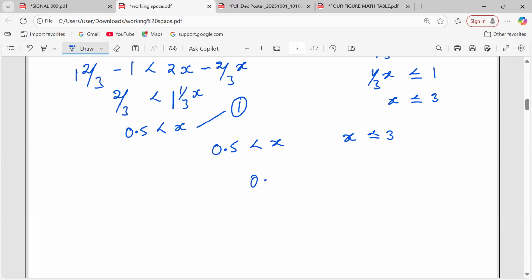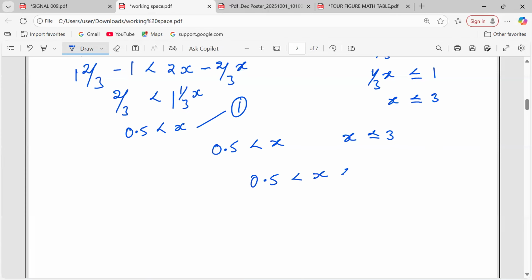So we can write one compound statement now. Look at the inequality signposts. They are a little bit different. We are supposed now to state the integral values. But when you look at the first statement, which is the lower limit here, it is not included. We are just having 0.5 less than.